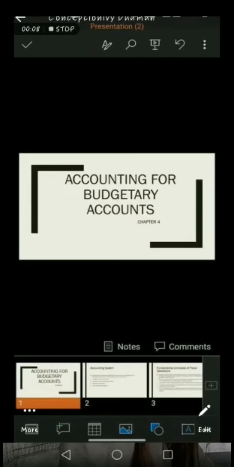Budgetary account. I'm the first reporter in chapter 4. Accounting for budgetary accounts formally commences upon enactment of the General Appropriation Act, which contained a legal authorization to use public money for the various program activities and projects of the national government.